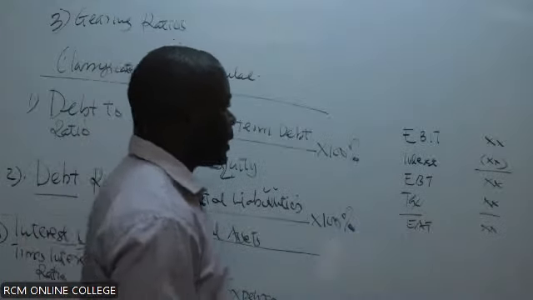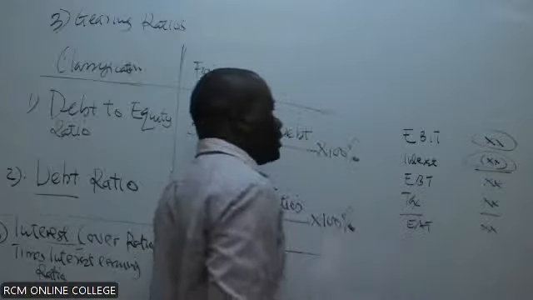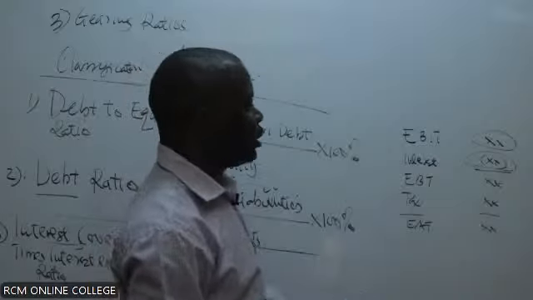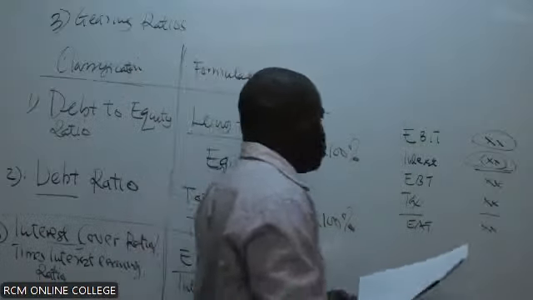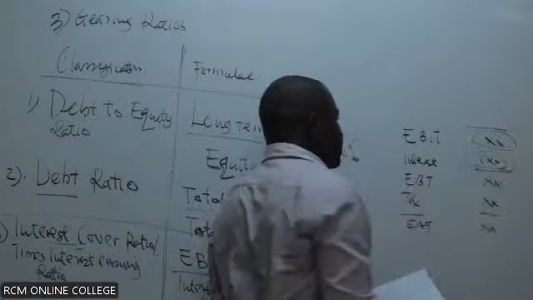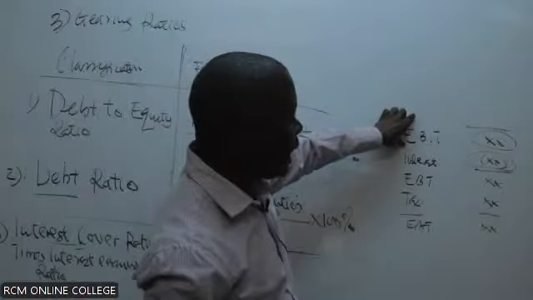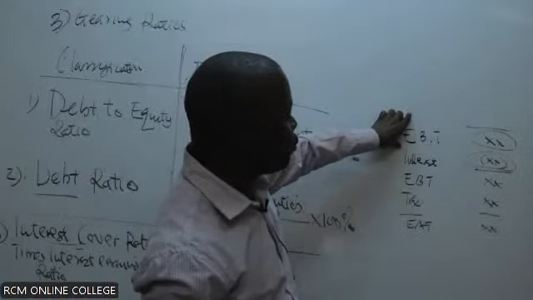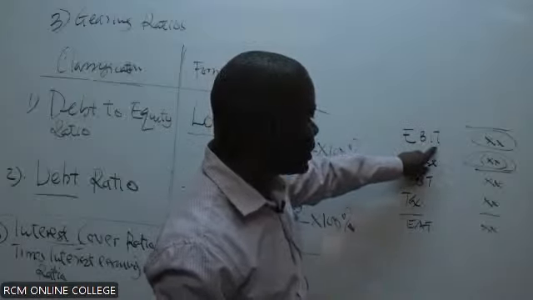So we are basically comparing these two figures. We want to know what you've gotten as the operating profits here, the earnings you have as a company before you deduct interest and tax, because it is earnings before interest and tax.